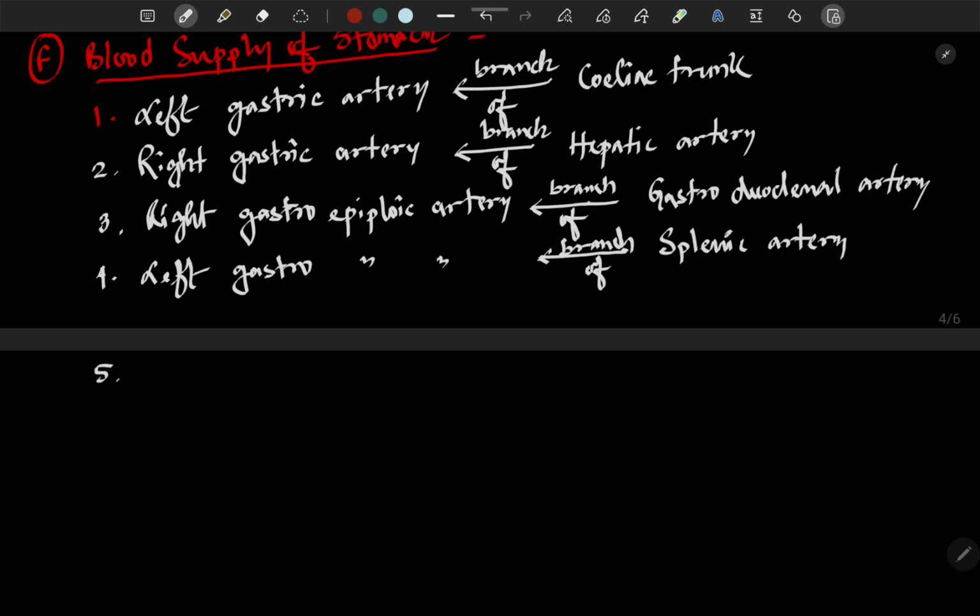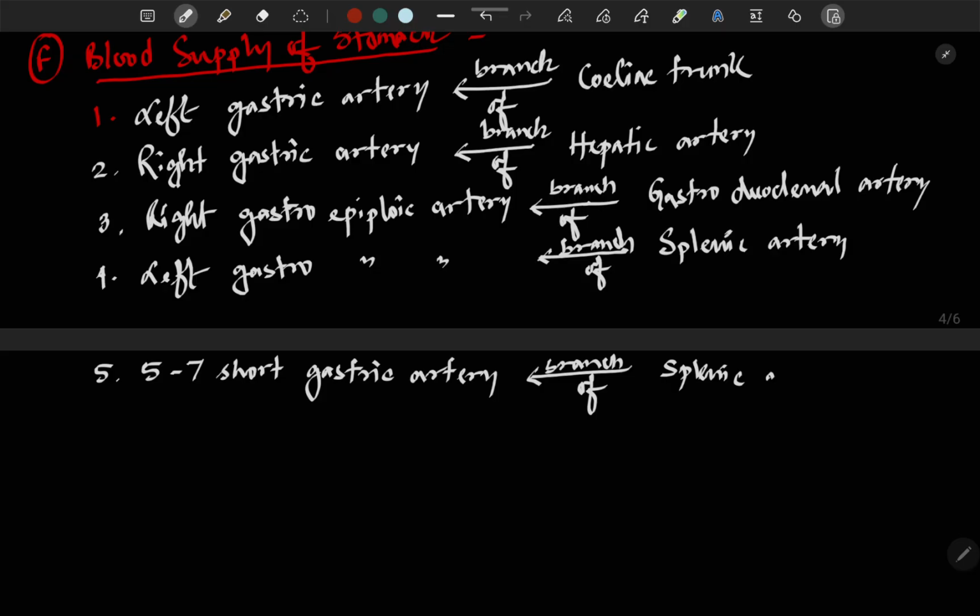Number 5 to 7, short gastric arteries, which are also branches of the splenic artery.